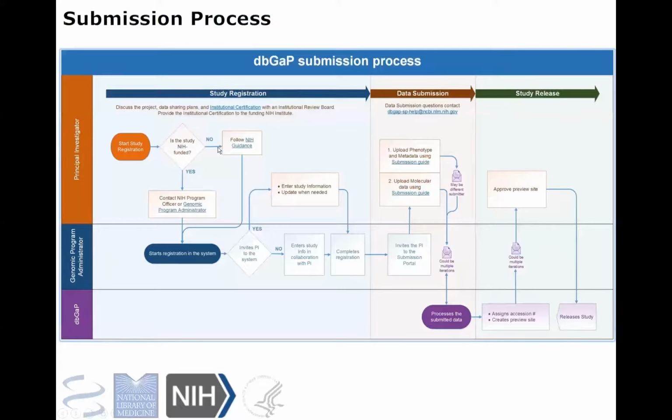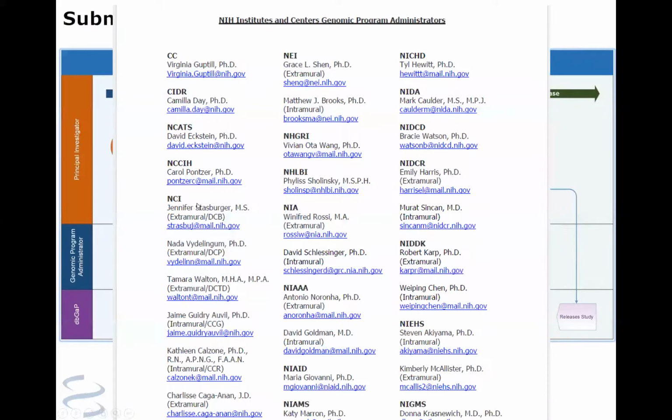The first question is, is the study NIH funded? And if it is yes, then you need to contact your genomic program administrator. If you click on that link, you'll get a list by institute at NIH and the contact for that genomic program administrator, and you can contact them directly and say, I'm ready to share my data for my NIH study.